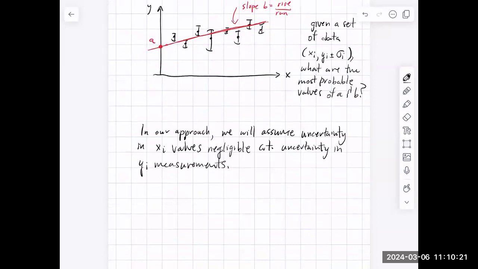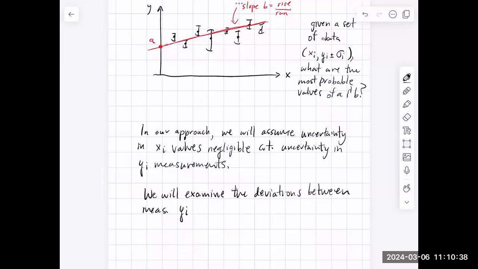Okay, so we will examine the deviations between the measured yi value. So for example, in this plot, each of these points has a particular value of y. I'll just pick one of them. It doesn't matter which one I pick. So I pick the ith point and I go over here and say, all right, here is the value yi sitting right there.